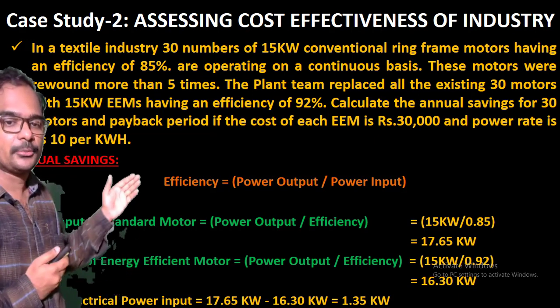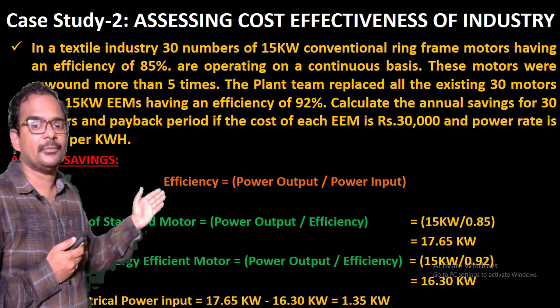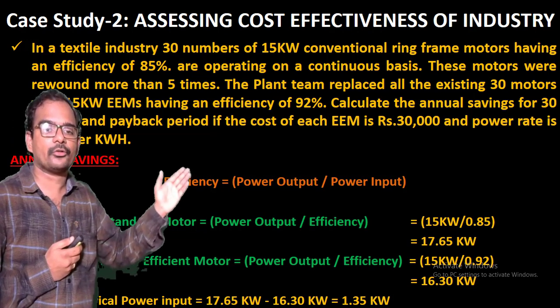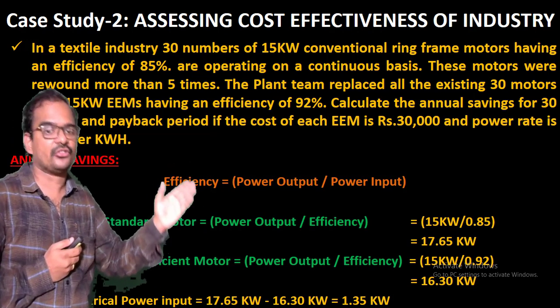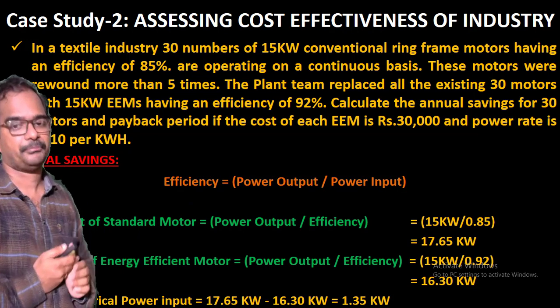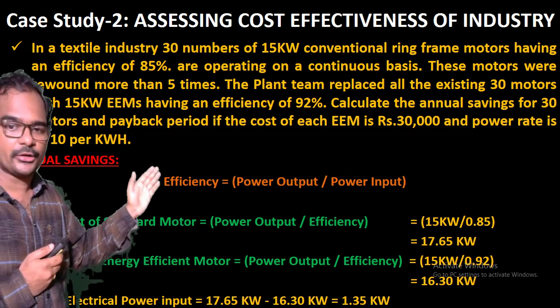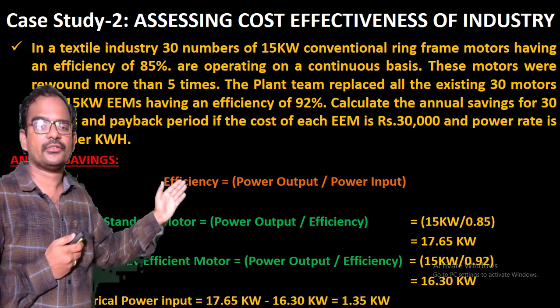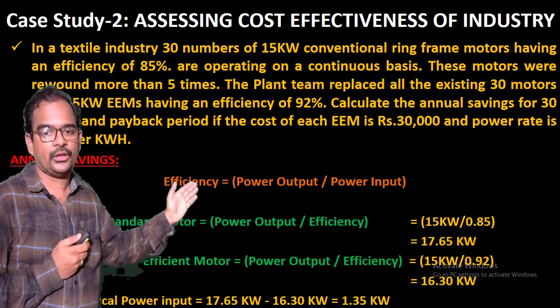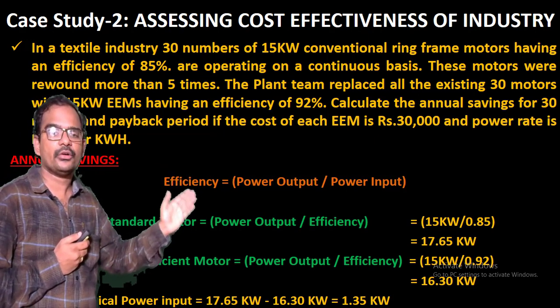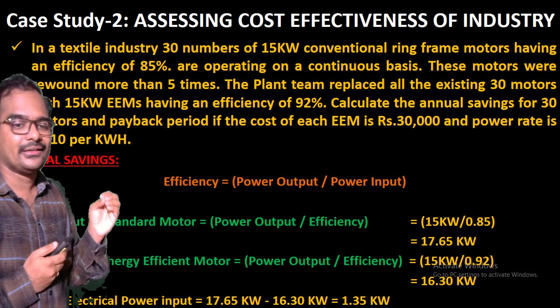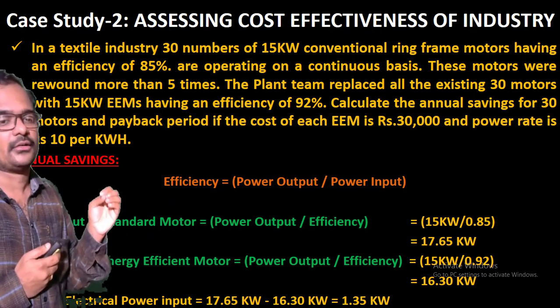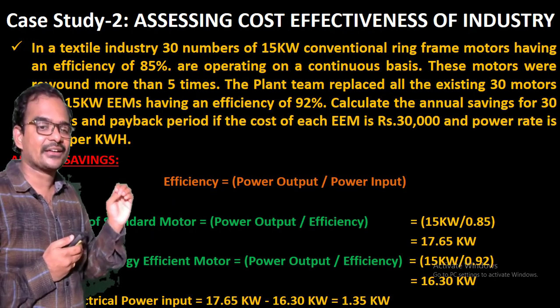Now let's calculate the power input of an energy efficient motor. The electrical power input of an energy efficient motor will be obtained by dividing the mechanical power output by the efficiency of the energy efficient motor. The mechanical power output will be 15 kilowatt, the same, whereas the efficiency is 92% or 0.92, and you are getting 16.30 kilowatt. What is the saving in electrical power input?